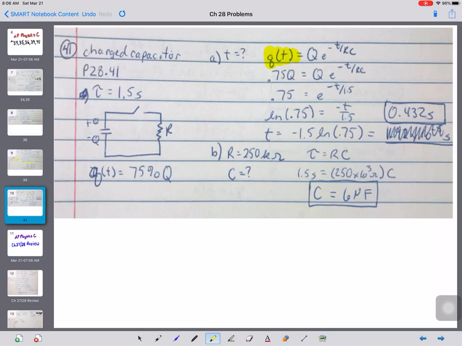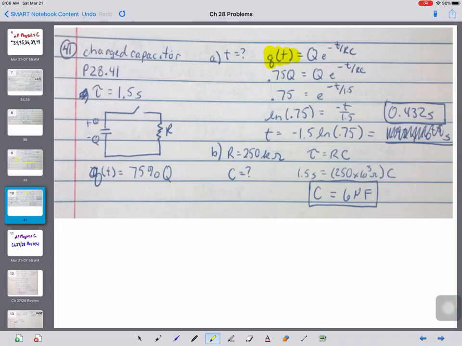We're going to replace that Q of t by a 0.75 Q, replace the RC then by a 1.5, and then divide both sides by Q and do the algebra to be able to solve down for what that time value is at which you reach the 75% of maximum charge.